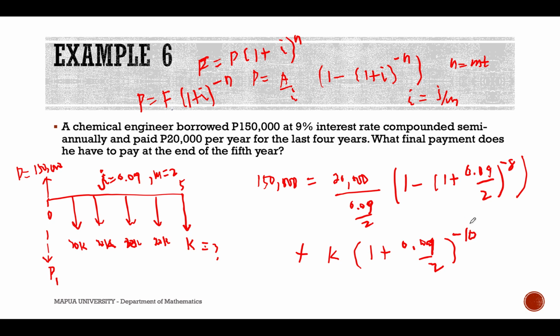And then we compute for the value of K here, which should be 28,081.